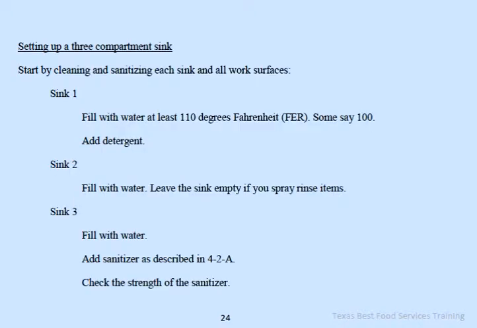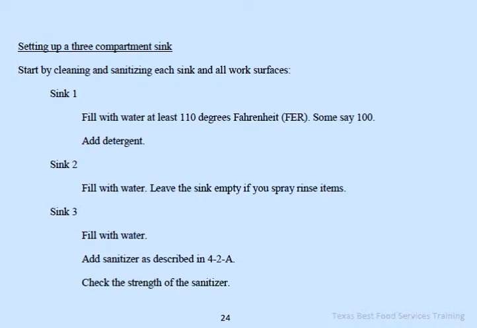Setting up a 3-compartment sink. Start by cleaning and sanitizing each sink and all work surfaces. In sink 1, fill with water at least 110 degrees Fahrenheit. Some say 100 degrees, but TFER says 110. Add detergent so that it's nice and sudsy.